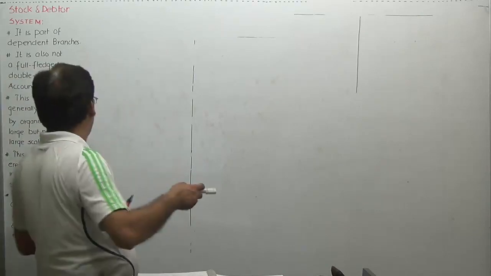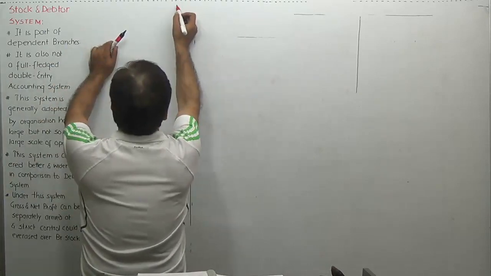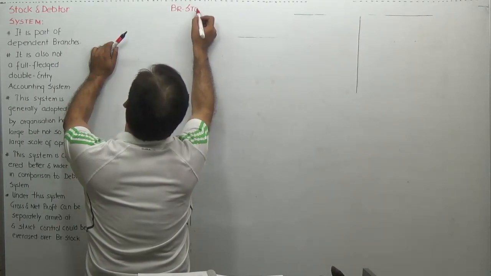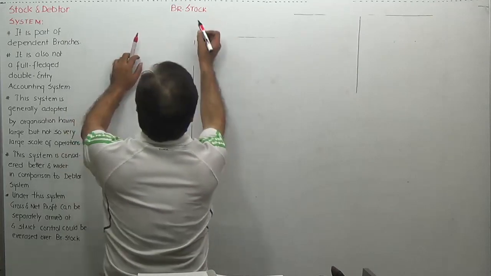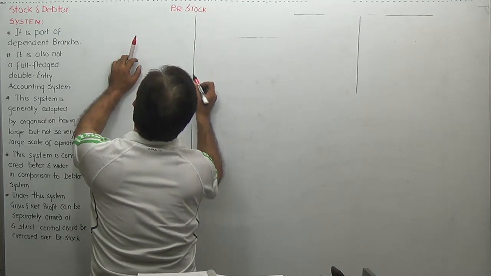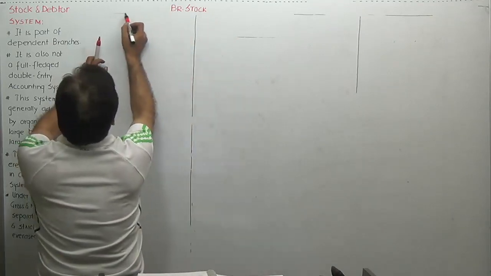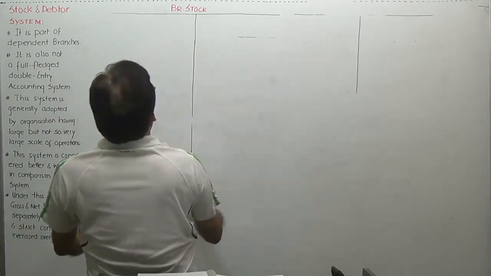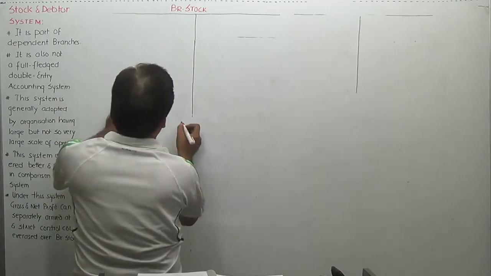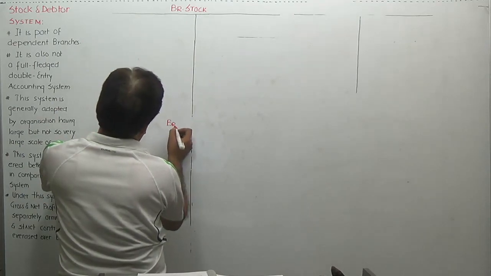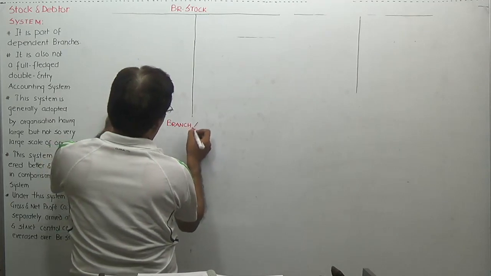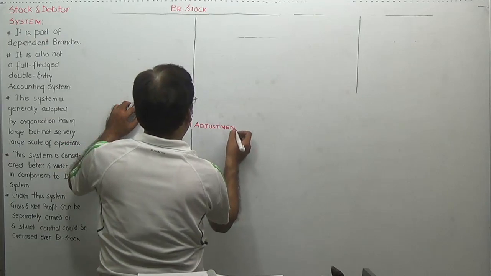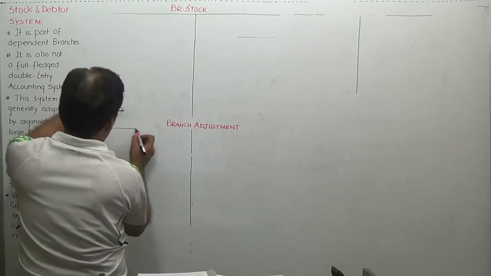But before that, we are now picking up the accounting aspect. As far as the stock and debtors system is concerned, we are supposed to prepare these accounts. One is the branch stock account.